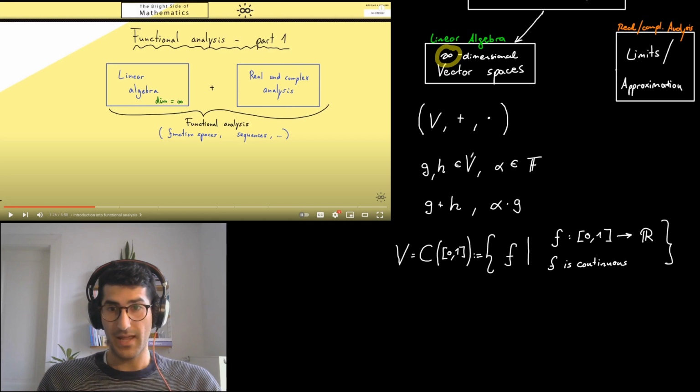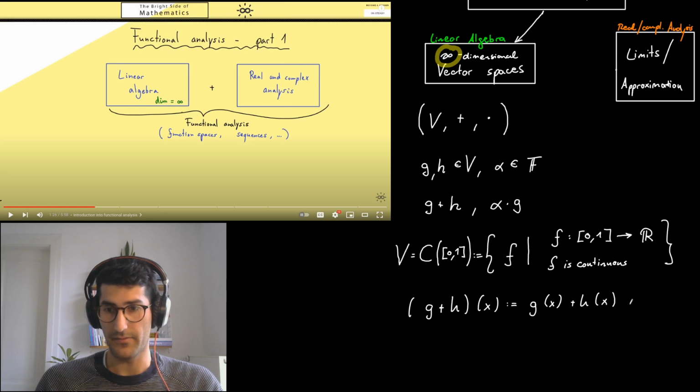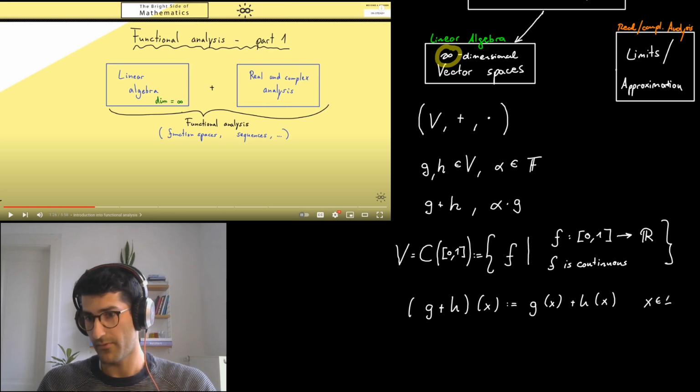So for g and h continuous functions, what is the sum of both of them? This should again be a function that is defined on every point. And how do we define it? Well, it is the pointwise sum of the functions itself. And how is this defined? Of course, for every point in the domain of definition.